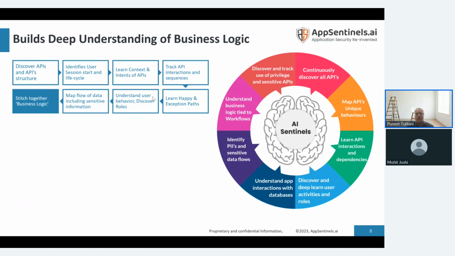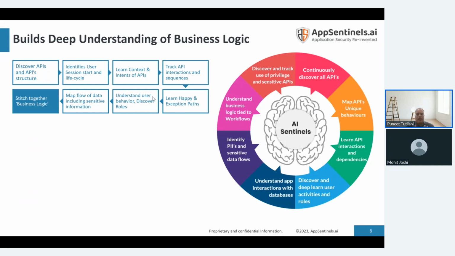It knows which APIs are responsible for payments, which are responsible for card handling, or any HIPAA or EHR data. So it has a much broader context of what this application is doing or what each API is responsible for.